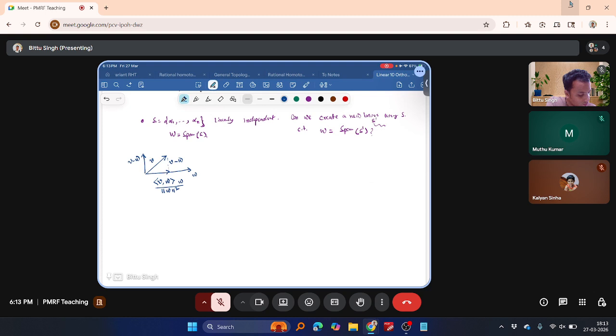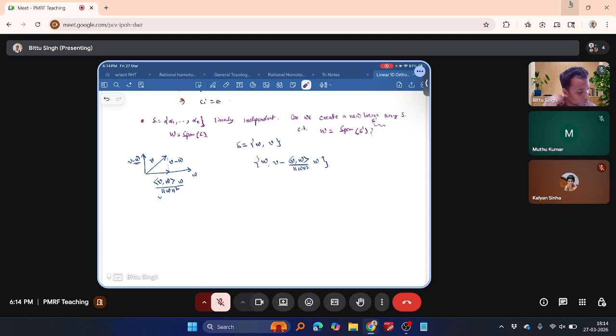From here it is clear that given a system w comma v, suppose this is a basis, if you keep the same w but subtract this projection from v, then you will get an orthogonal basis. So v minus the inner product of v comma w over the norm of w squared, into w.